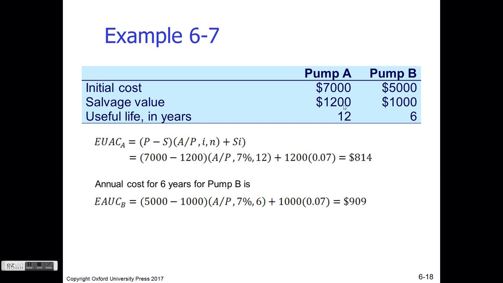And then you will move to P, and from P, you will have your $1,200, which is F at year 12, and then you will move from F to A, right? From F to A. And then if you do that subtraction, you will be able to calculate the equivalent uniform annual cost. Again, here it should be equivalent uniform annual worth because salvage value is going to be a benefit. So here it's going to be equivalent uniform annual worth.